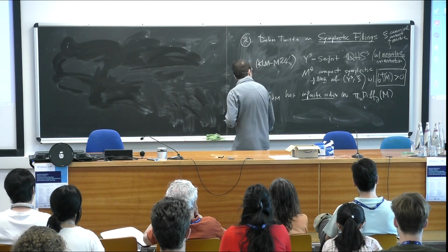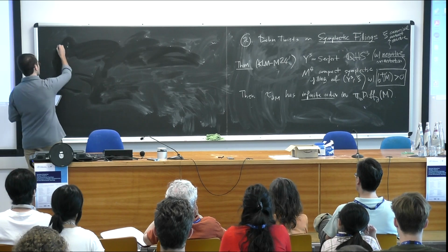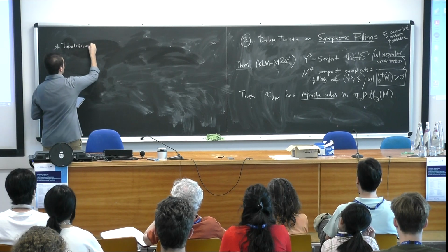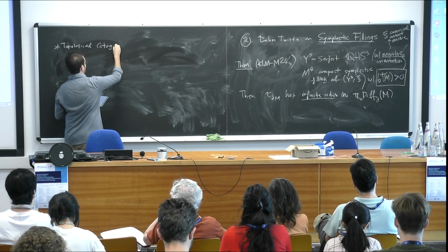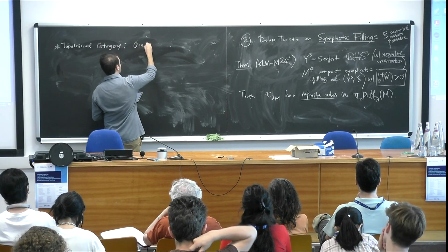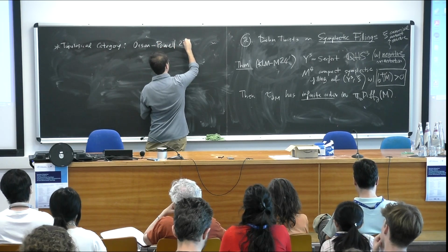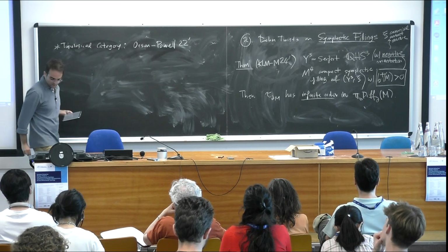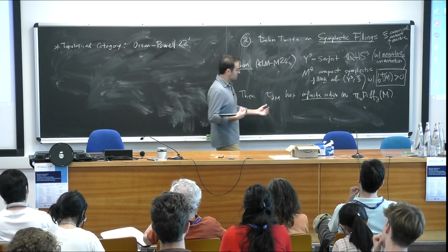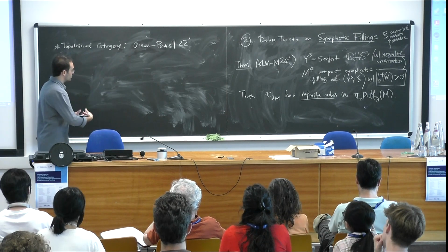And maybe let's compare this result with what happens in other categories. You could, for instance, look at the topological category. Here there are results by Orson and Powell, which under mild assumptions tell you that a diffeomorphism that acts trivially on the homology will be topologically isotopic to the identity.